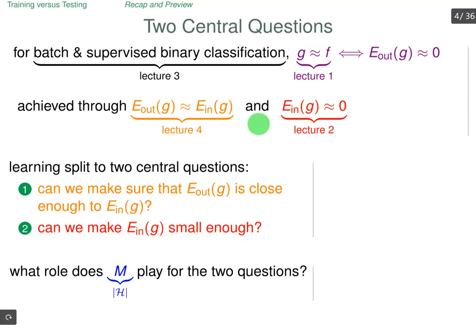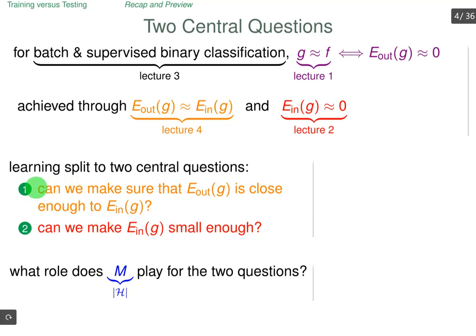So we can split this into two central questions. First, can we make sure that out-of-sample error for this g is close enough to in-sample error? Second, can we make in-sample error of this hypothesis g small enough?